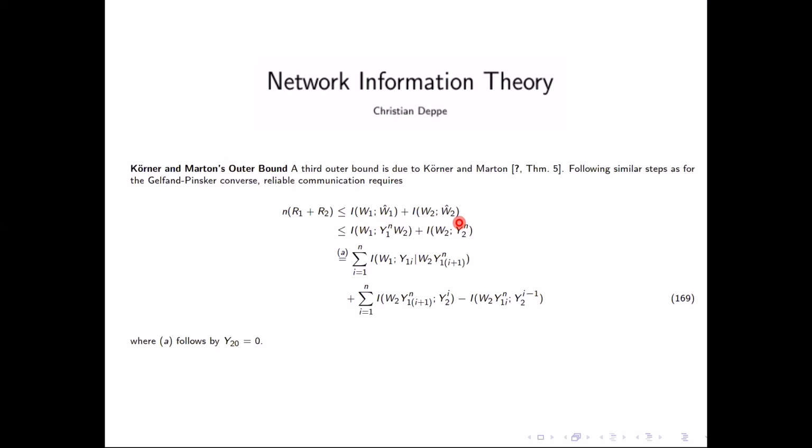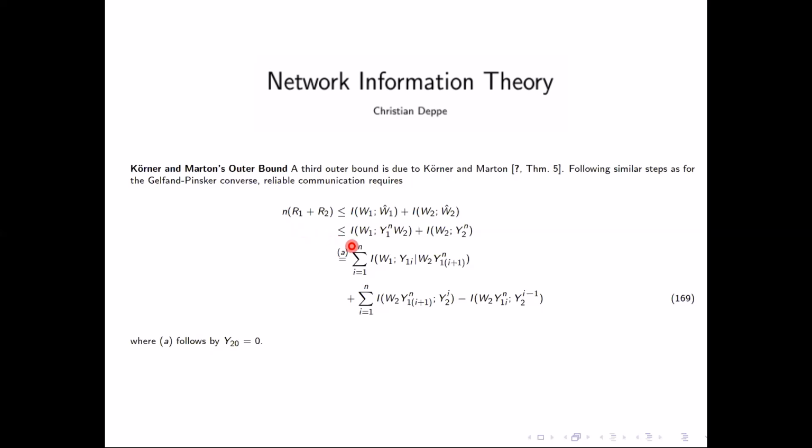You can just look at the proof. I wrote it down for Gelfand-Pinsker, exactly how to use the Fano inequality. And if you now insert R1 plus R2 instead, you get exactly this result here.